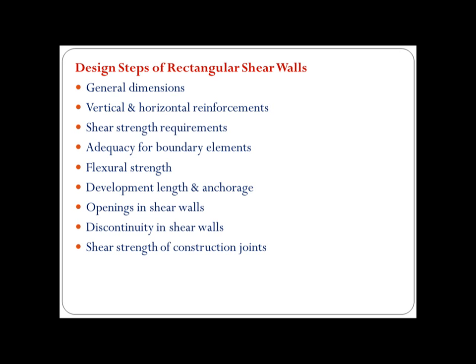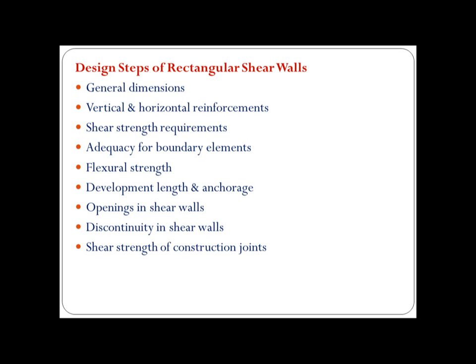Next is the shear strength, horizontal and vertical reinforcements. We calculate the minimum steel required for a wall and arrange it in both vertical and horizontal ways, so it becomes a mesh. This mesh can be provided on a single side as a center mesh, or it can be a double mesh placed on both faces. That depends upon the thickness as well as the shear stress developed on that wall.